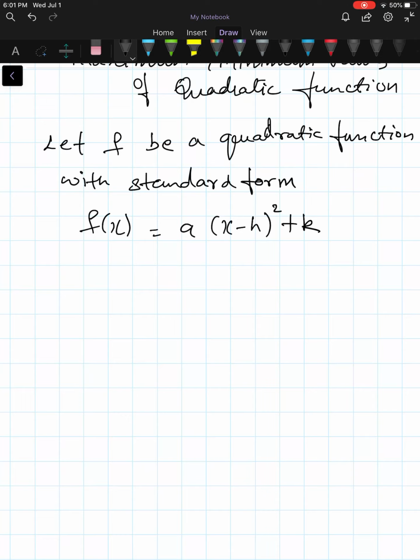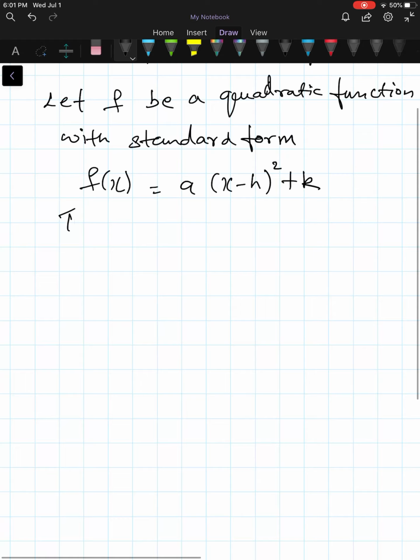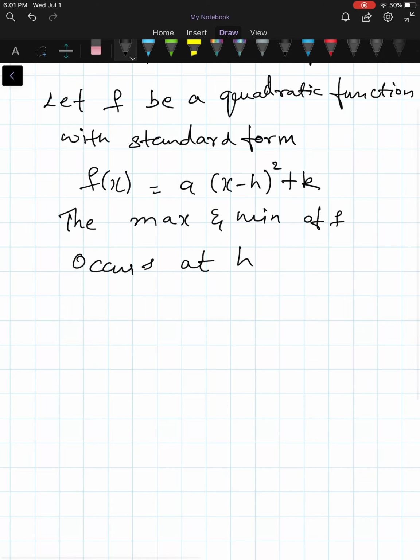The maximum and minimum value of f occurs at x is equal to h.